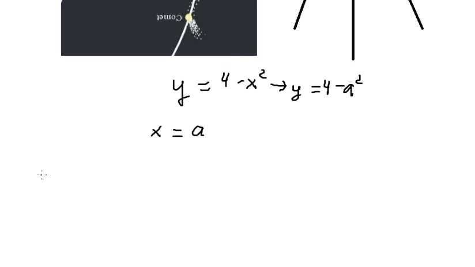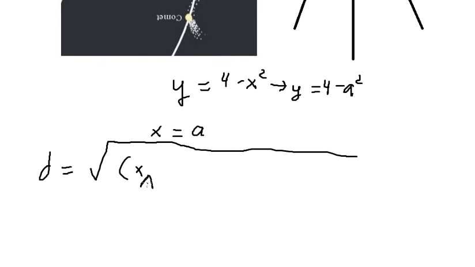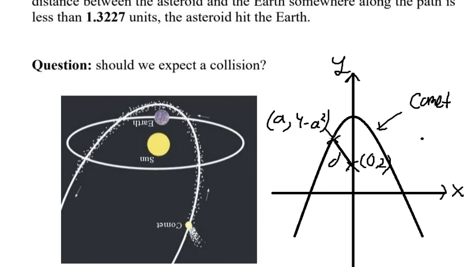That is d equals the square root of (xa minus xb) to the power of 2 plus (ya minus yb) to the power of 2. Let's say this point in here is a, and this point of the Earth I will call b.